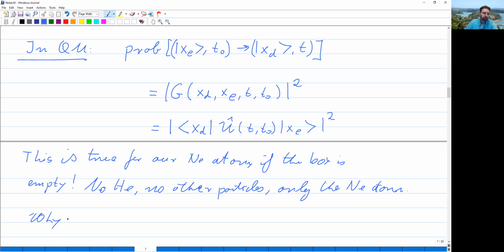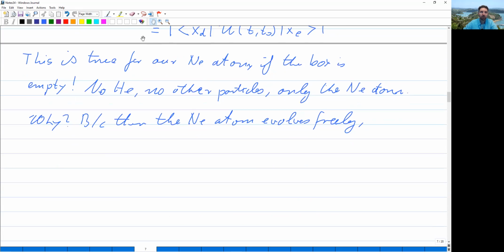Why? Because then the neon atom evolves freely, undisturbed, just according to the Schrödinger equation, or according to the unitary time evolution operators. Undisturbed, unmeasured.